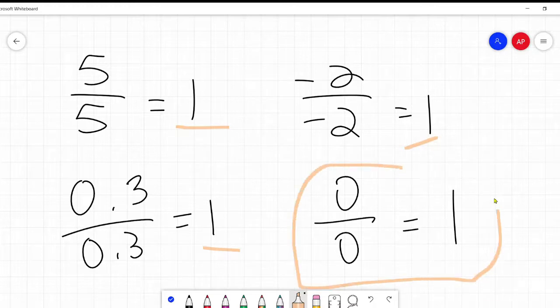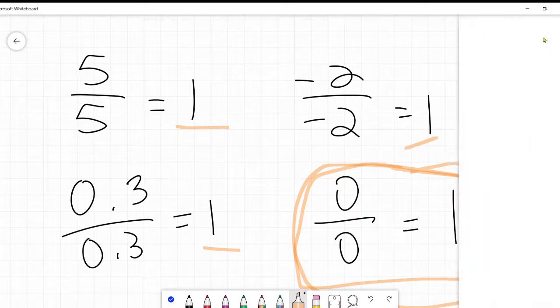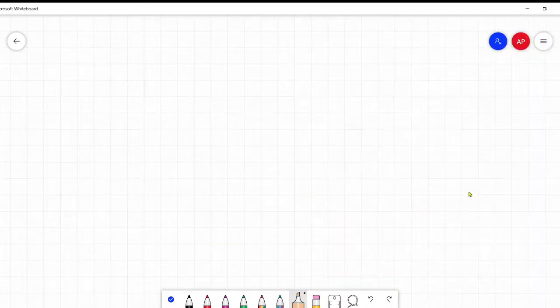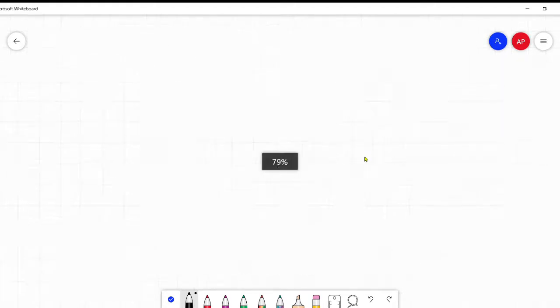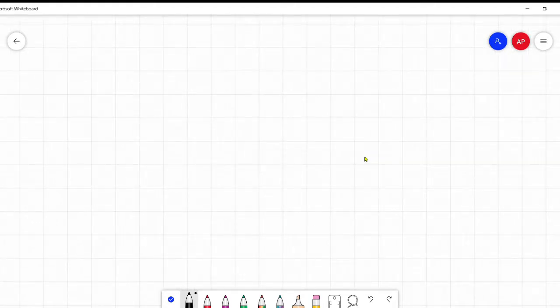With this one, you can make arguments for many different answers, and they don't fit in with the rest of our mathematical rules, because there are infinite answers that you could put here and make an argument that they would be the right answer. It's left as being undefined. That doesn't work, so it's just undefined.